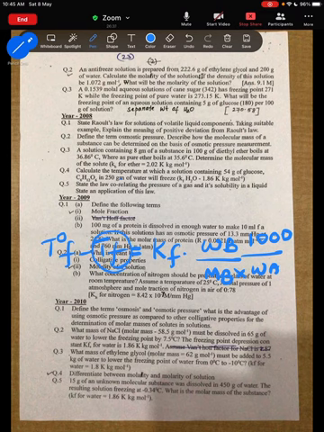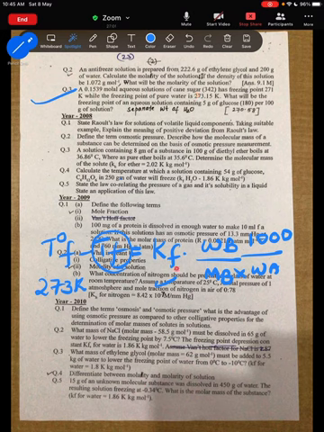Tf you have to find out. T naught f, that is 0 degrees Celsius, means 273 Kelvin. Kf is given. This Kf only we were finding out in the previous question, that is 1.86 kg per mole, calculated from the first portion.